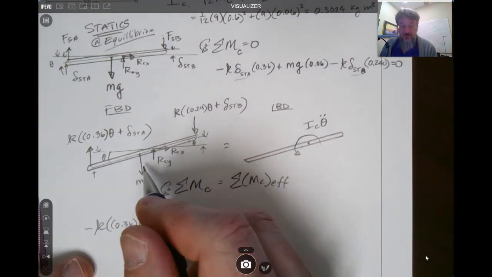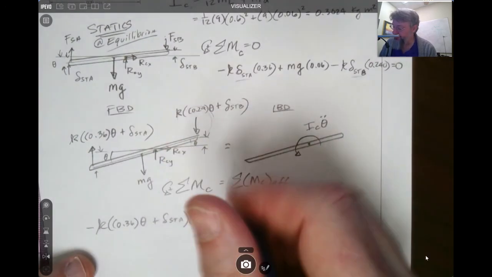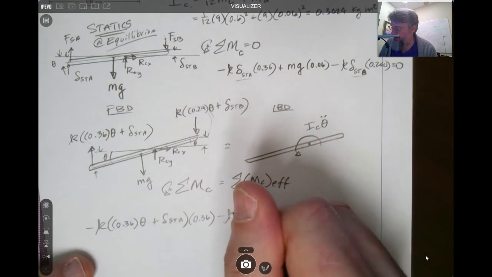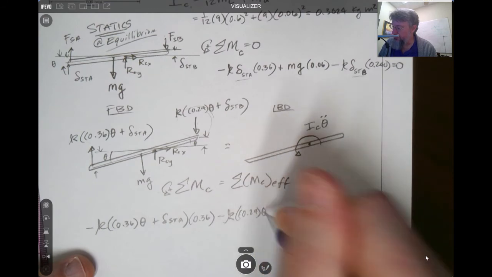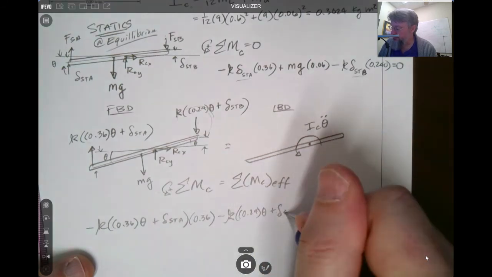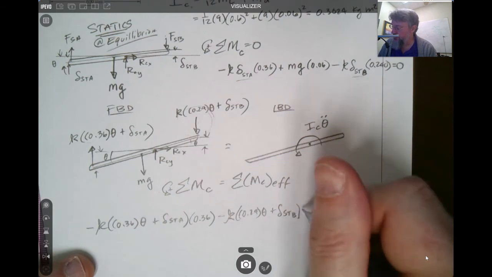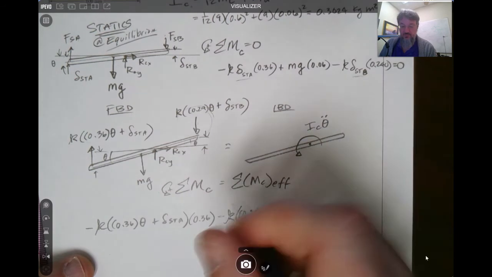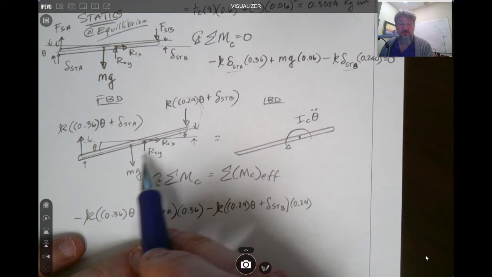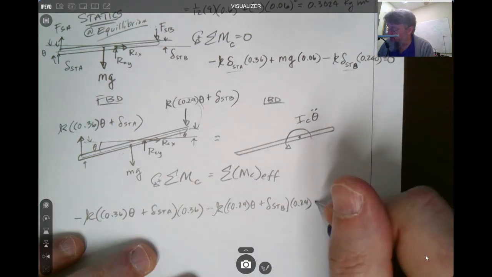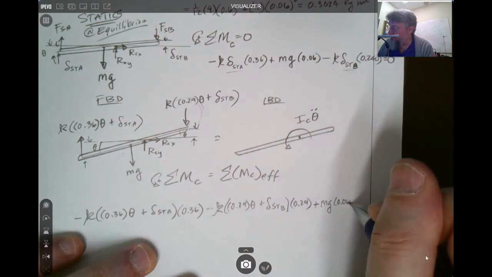And then we'll also have, I'll do this one next, this is also going clockwise, so another negative K times 0.24 theta plus del static B, times 0.24, okay? And then this guy is going counterclockwise, so plus mg times our 0.06.